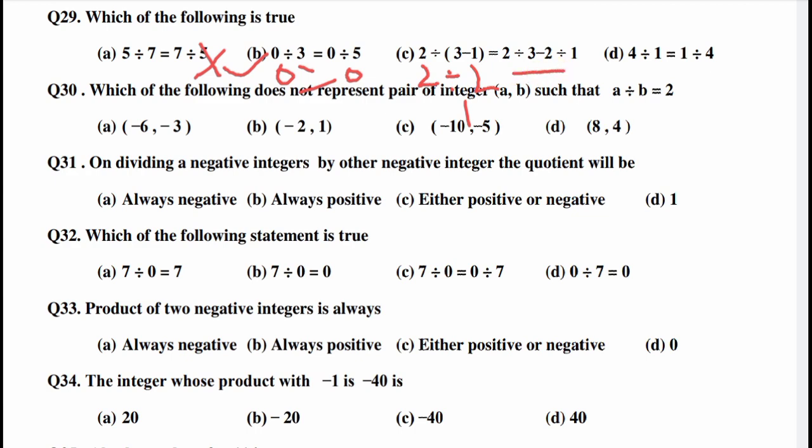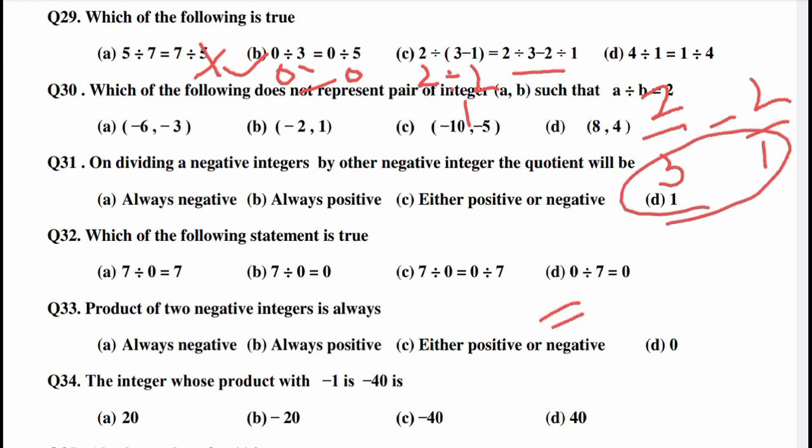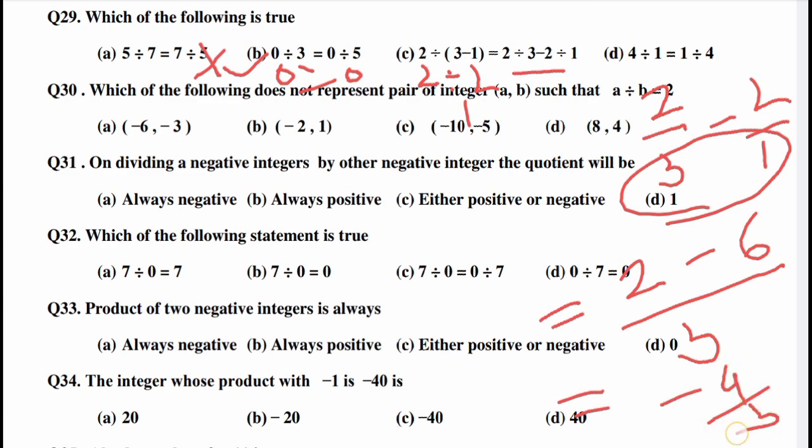Now we solve this side. 2 divided by 3 minus 2 divided by 1, and we can solve this. We take the LCM 3, then 2 and 3 twos are 6, and it will be minus 4 divided by 3. And here we get 4 divided by 3.